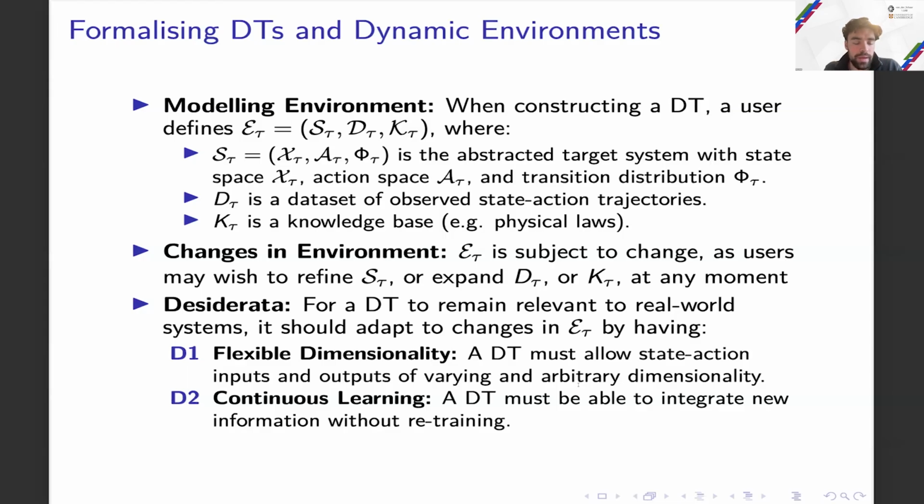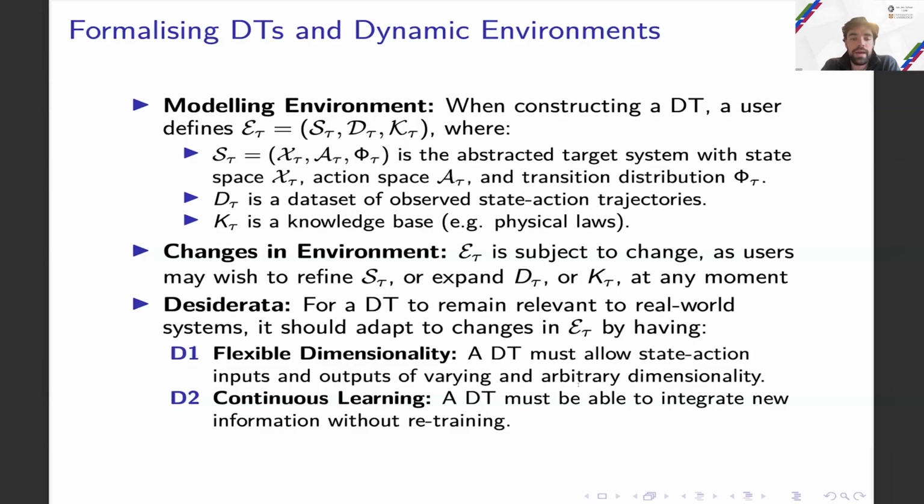And then there are two other components of the modeling environment, and this is essentially the information base that we should base our dynamics estimation from. And this can come from data, which may be trajectories that we have observed from the target system over time or from similar related systems.